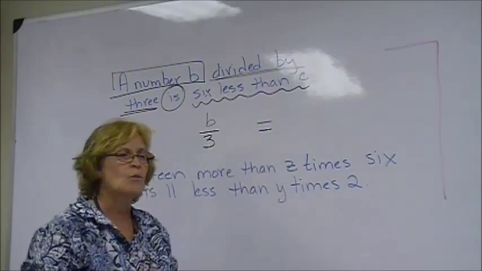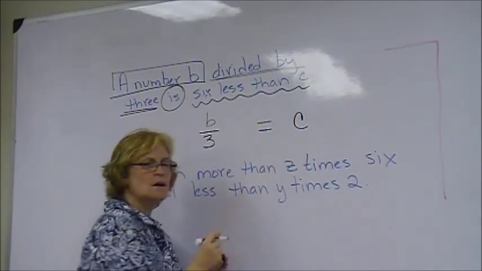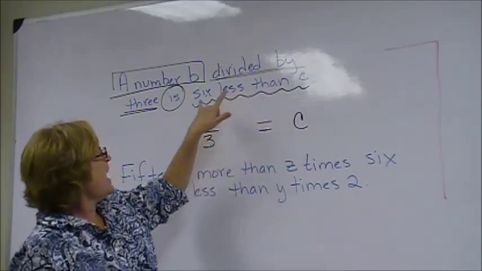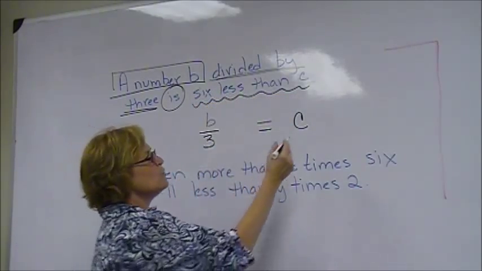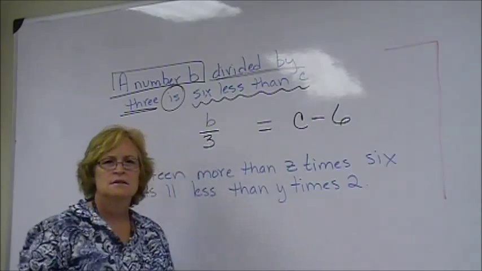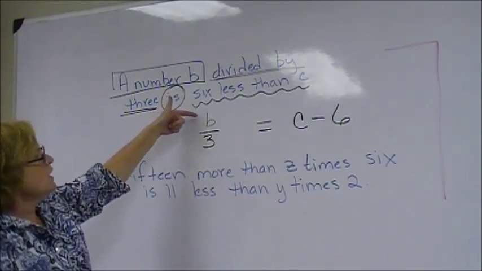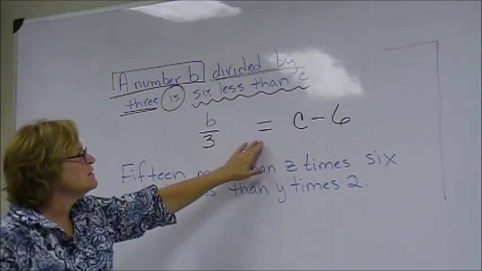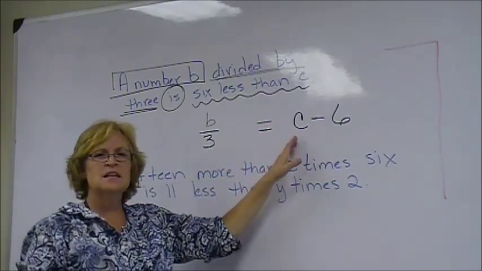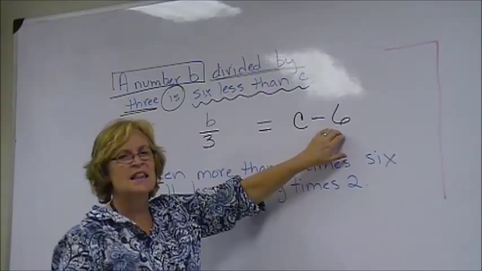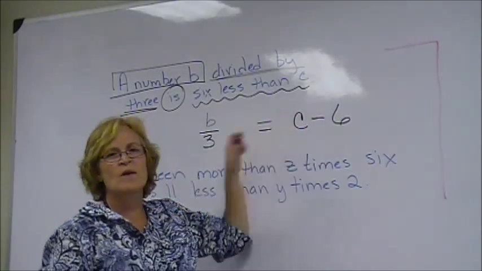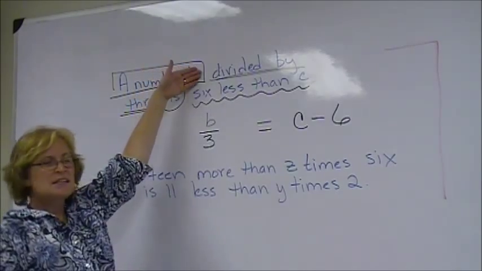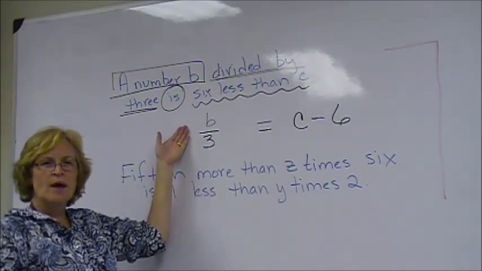So what did I start with? I started with c, and what did I have to do to c to get this squiggly part? I had to get rid of 6. So to get rid of 6, I subtract it. So again, a number b divided by 3 is, I have c and I have 6 less than that, so I got to take 6 away from my c. This would be taking my sentence and writing it as an algebraic equation.